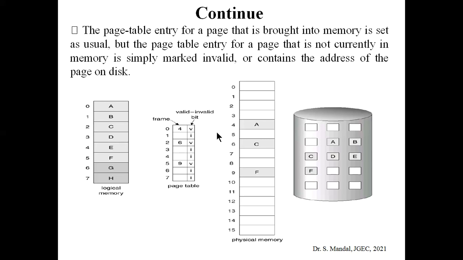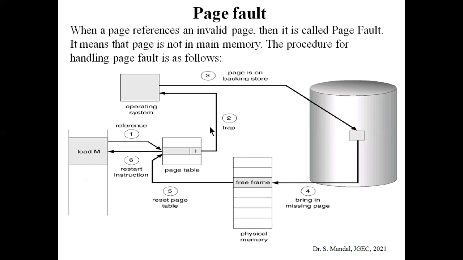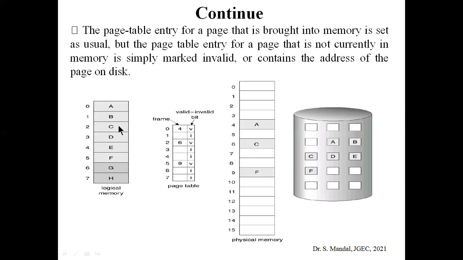When the value is 0, that indicates the invalid bit, meaning the page is not in main memory but is stored in the secondary storage. Suppose for page 1 the bit is set to I, it is indicating an invalid bit or invalid page.